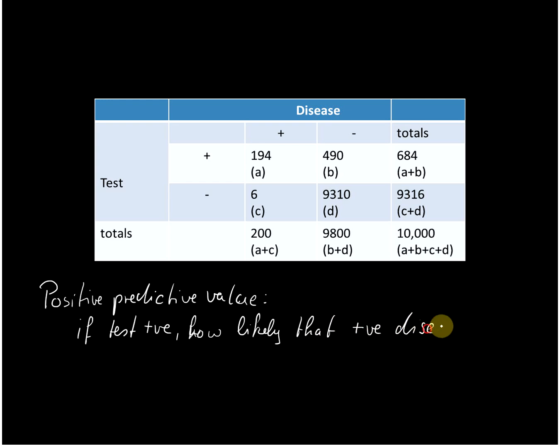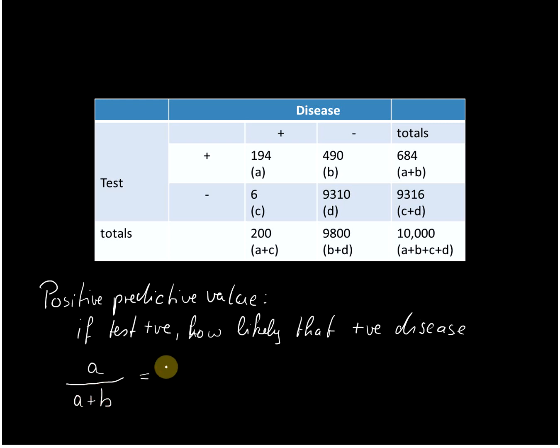And this has a major effect on how people feel about these tests. In this case, we calculate the number of people who are positive for the disease and who test positive, so that would be our A, divided by all the people who test positive, so that would be A plus B.